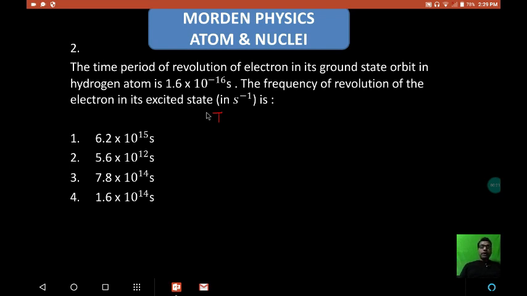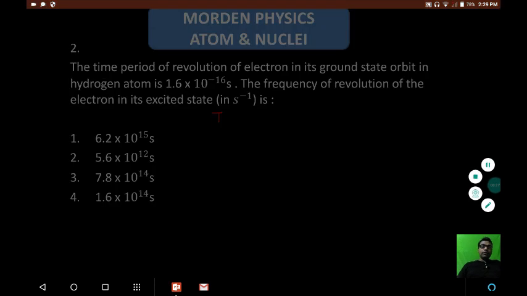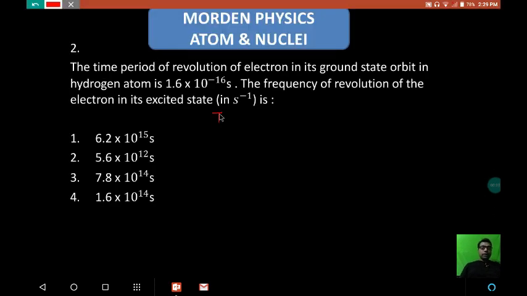As we know, what is the time period relation? T is directly proportional to n cube upon Z square. The time period in the ground state is given, and we have to find the frequency.